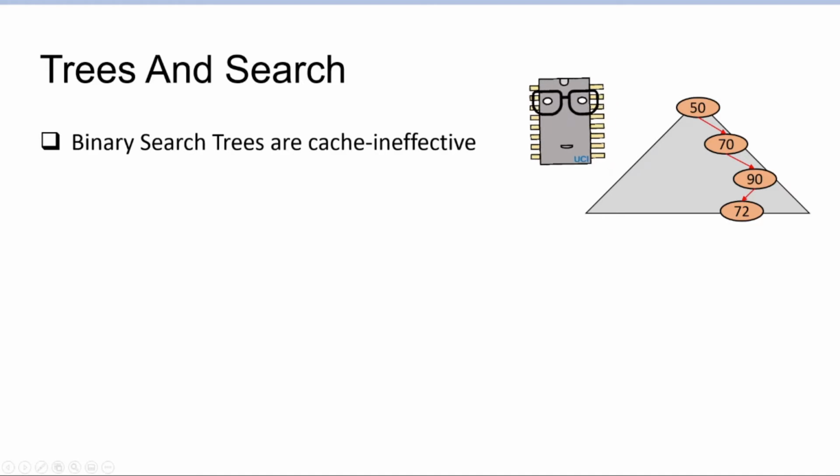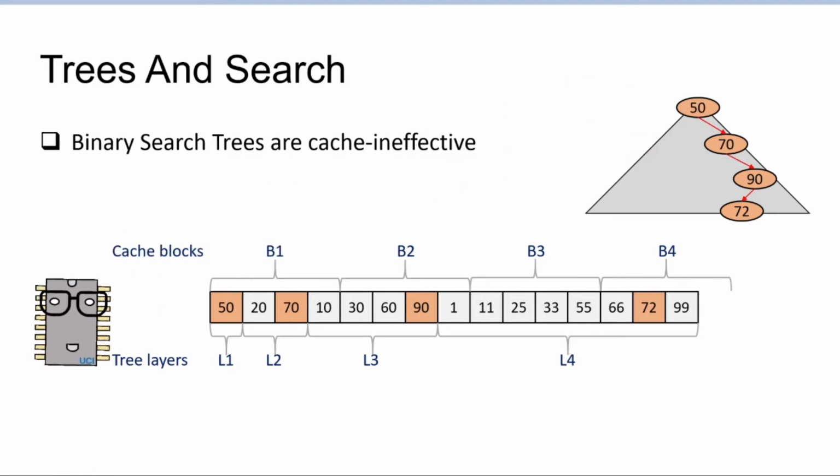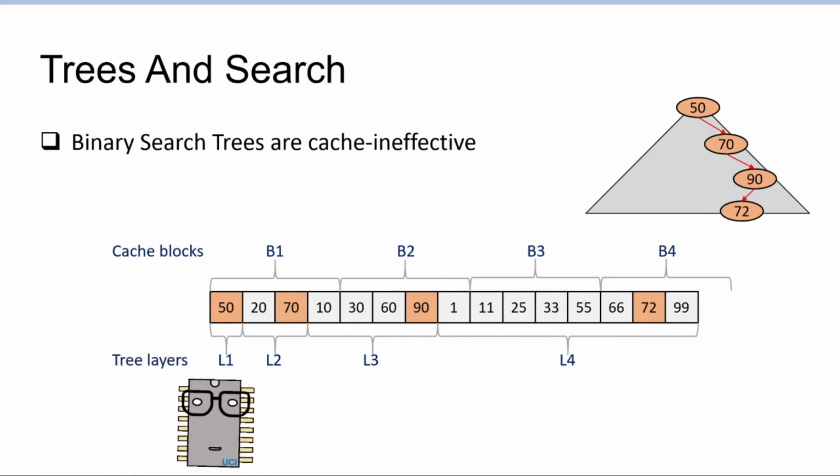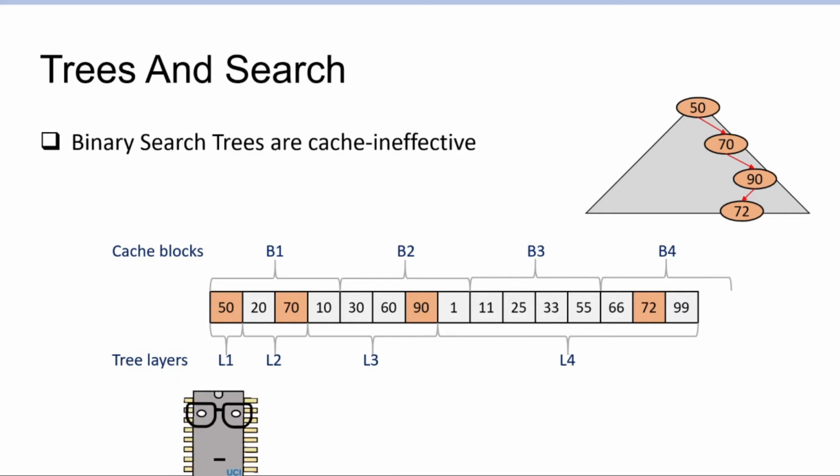Let's say the tree is implemented in an implicit layout where each layer of the tree is just laid out in memory, concatenated with everything. So we have the implicit layout of the tree, like the one you see here, where level one of the tree, the first layer, consisting of just the root value 50, comes first.